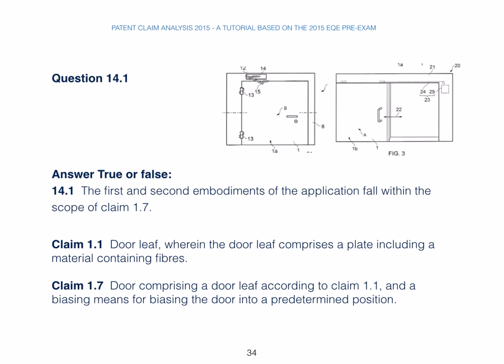And here we have the claim. Claim 1.7 depends upon Claim 1.1. Claim 1.1 is a door leaf wherein the door leaf comprises a plate including a material containing fibers, and 1.7 adds a biasing means for biasing the door into a predetermined position.